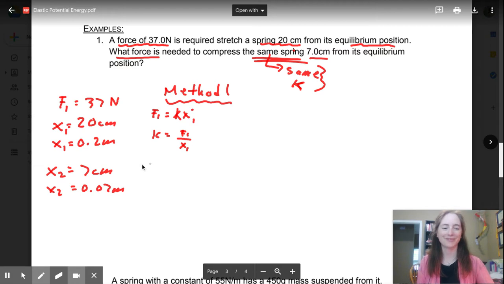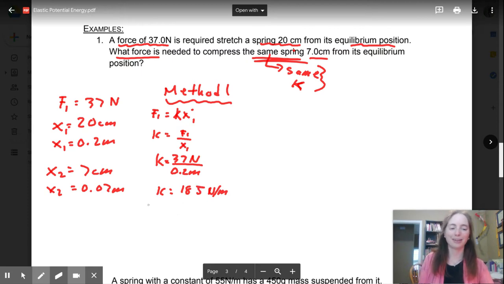So I'm going to take these numbers and plonk them in here. So k is going to equal 37 newtons divided by my 0.2 meters. Note the units, newtons divided by meters. So k is going to be in newtons per meter. I'm going to plonk that in my calculator, and I'm going to get the value of k as 185 newtons per meter. So to stretch that spring 1 meter, assuming you wouldn't completely wreck it, it would take 185 newtons.